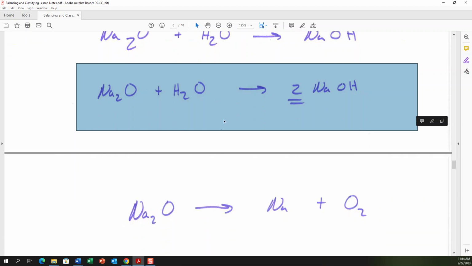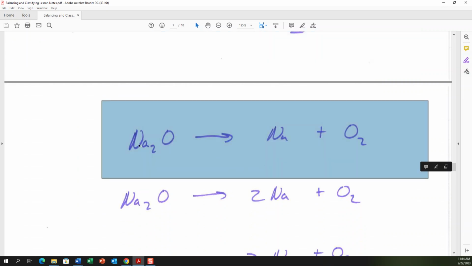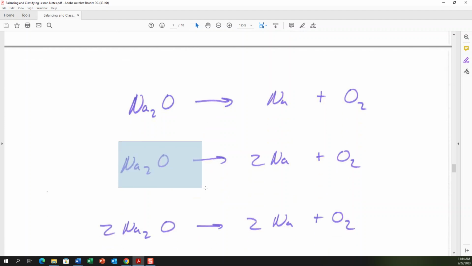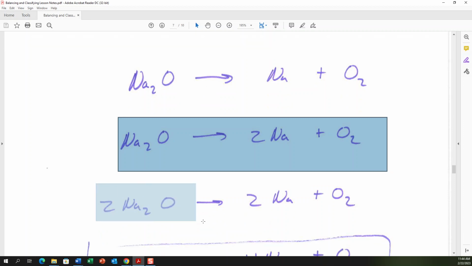Okay, let's keep going. Let's look at this one. So here we got sodium oxide yields sodium plus oxygen. So here, 2 sodiums but only 1 sodium, so I got to put a 2 there. But now, as I'm looking here, the sodium's balanced. I got 2 sodiums, but only 1 oxygen, 2 oxygens. So I got to come back here and put a 2.